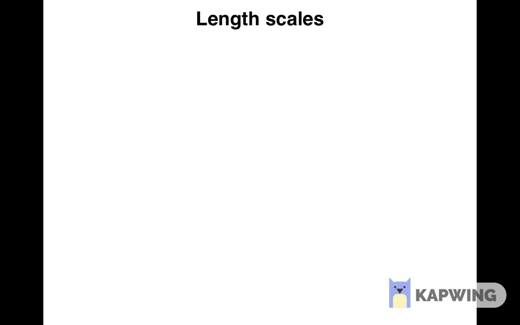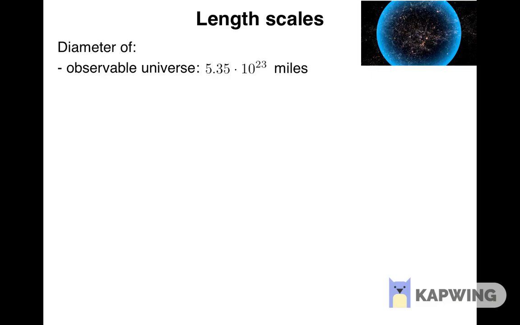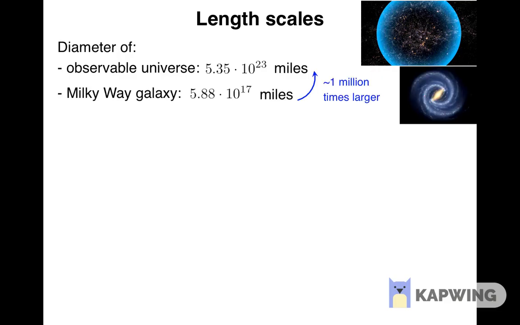Consider length scales. The largest length scale that we can think of is the size of the observable universe. It's about 5.35 times 10 to the 23rd power miles. This is about 1 million times larger than the size of our galaxy, the Milky Way, which is about 5.88 times 10 to the 17th power miles across.